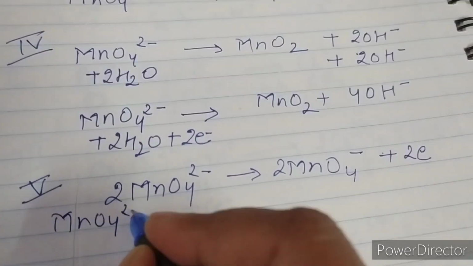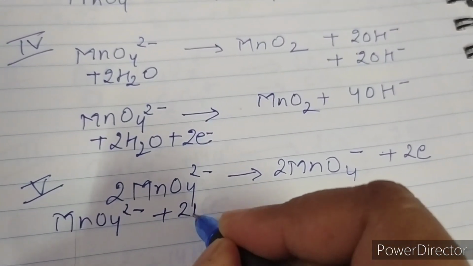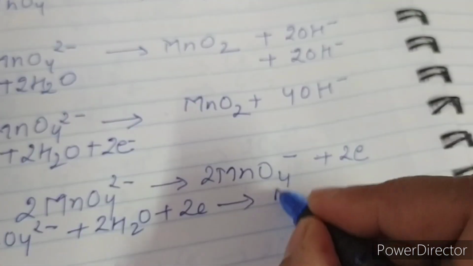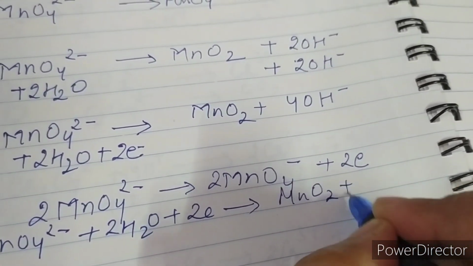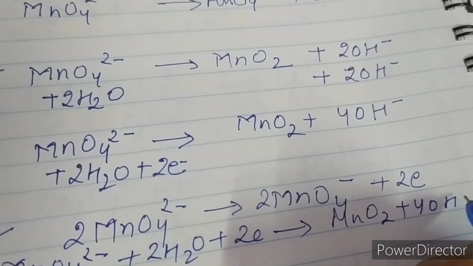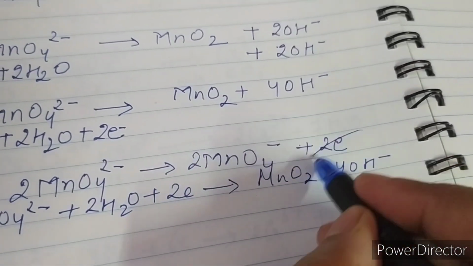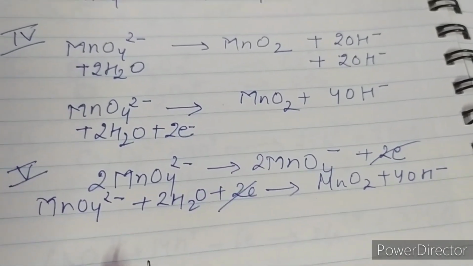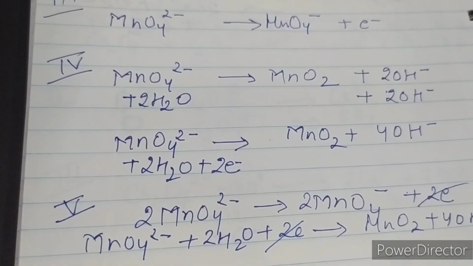MnO4 2 negative plus 2 water plus 2 electron will give you MnO2 plus 4 OH negative. Now we'll cancel out these 2 electrons on either side.